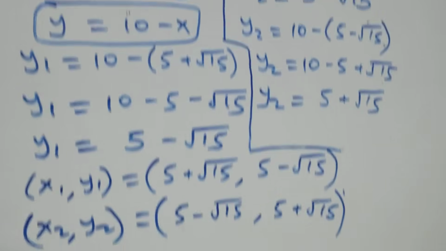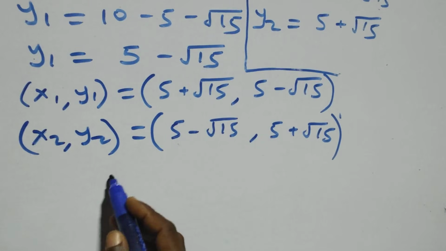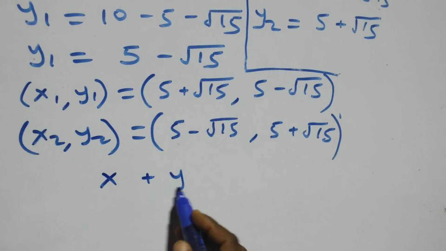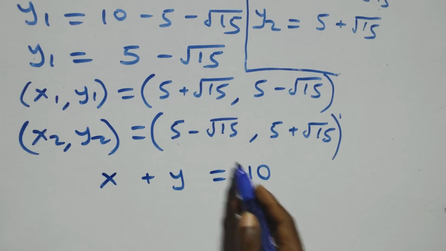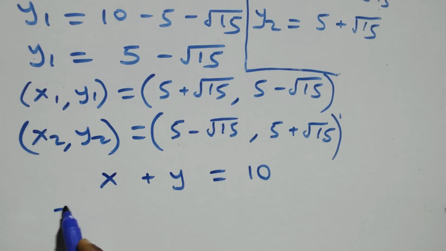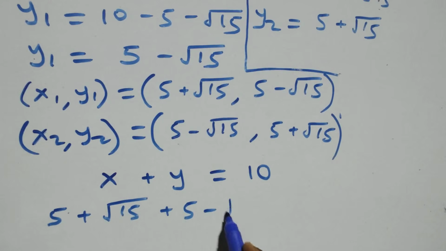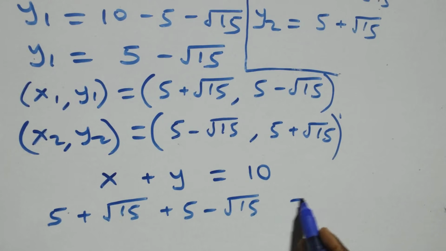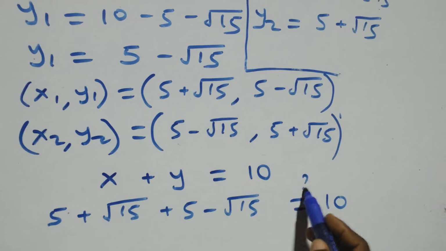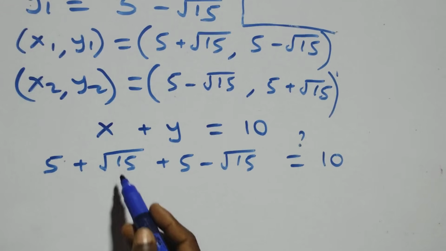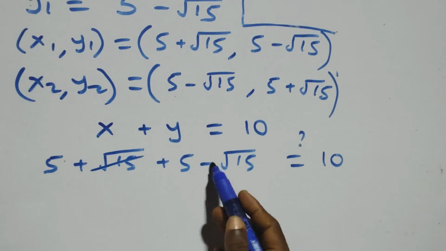When we substitute here, x, that's 5 plus root 15, plus y, which is 5 minus root 15, is equal to 10 on this side. Then root 15 minus root 15, these cancel each other.